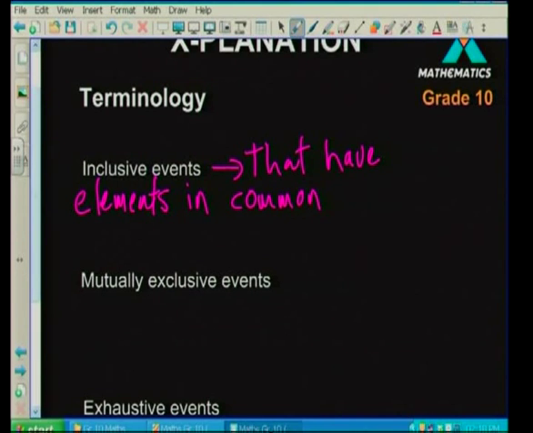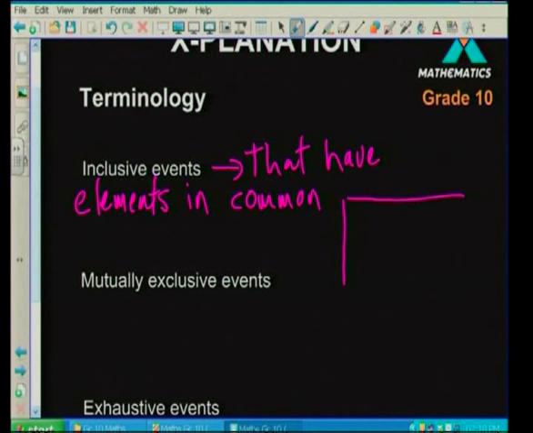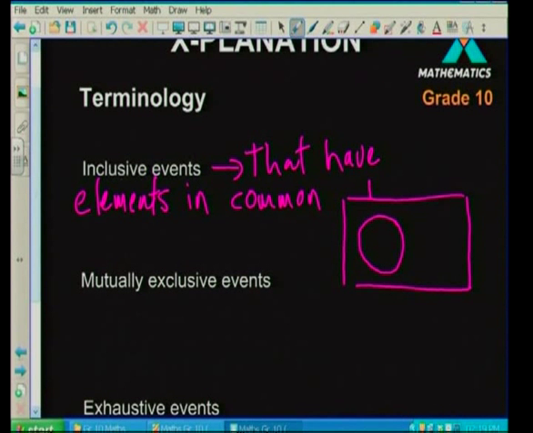A little bit later on, we're going to deal with a Venn diagram, but I'm going to start by just quickly talking about a Venn diagram in the meantime. So let's say we do a survey at a school, and we find out how many people do biology. So the event of biology will be denoted by a circle. That will show me the sample space of people doing biology.